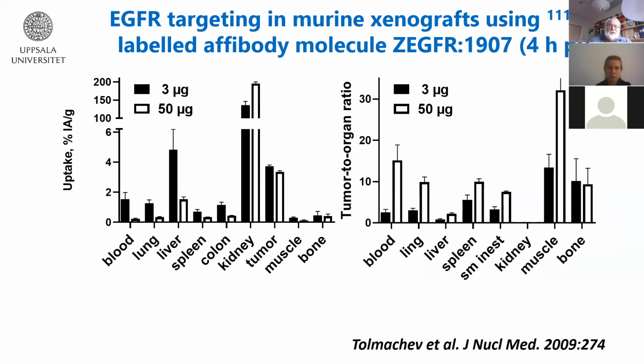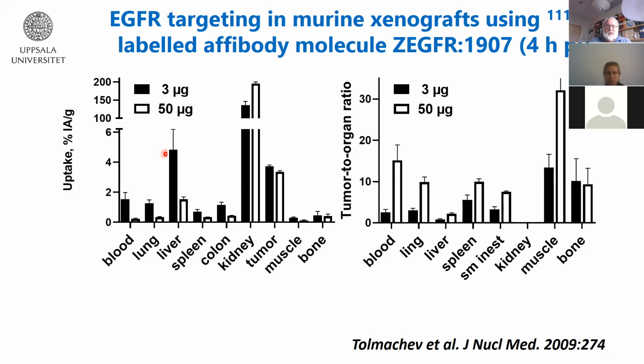We have observed the same effect when we used our antibody molecules for imaging of epidermal growth factor receptor. One could see that if we inject 5 micrograms per animal, the uptake in the liver will be very high and exceed uptake in the tumor.